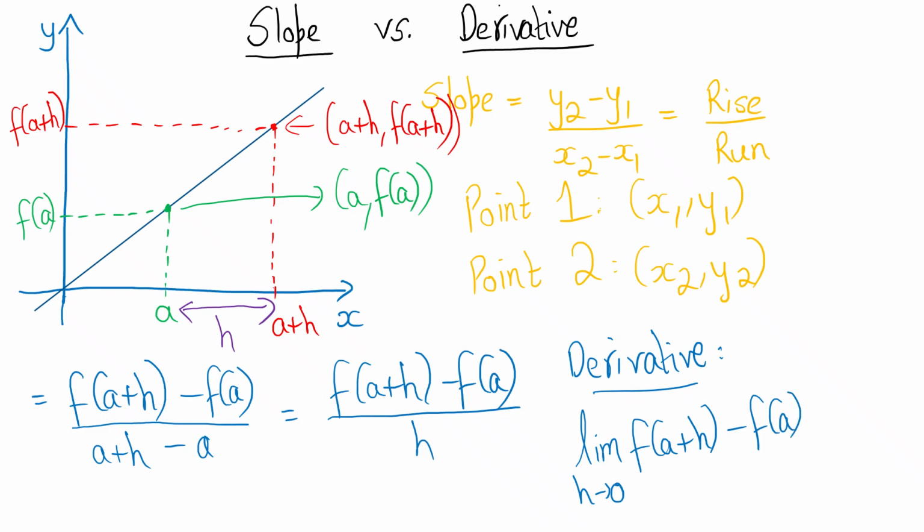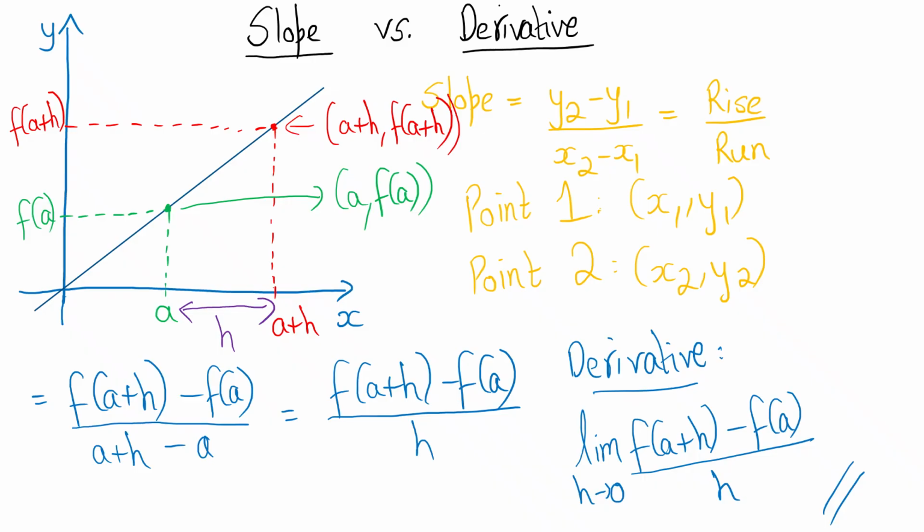So you see, the distinction between the slope and the derivative is that the slope requires 2 points. Slope is rise over run, and it requires 2 points on the graph. However, a derivative is an idea which involves limits, and it is always the instantaneous rate of change at a point in time, whereas a slope is usually the average rate of change, unless we're talking about the slope of a tangent line, in which case that is also an instantaneous rate of change.